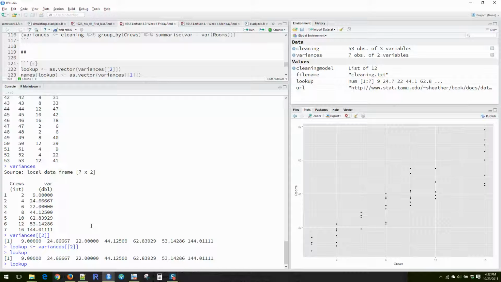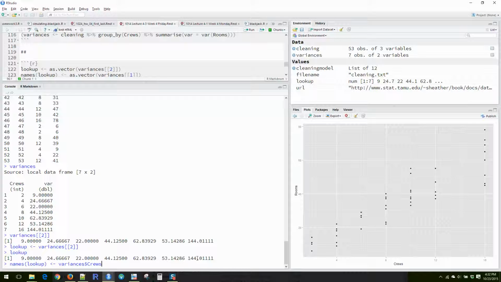So I'm going to set the names of lookup. There are 7 numbers here, and I'm going to give each of them a name, and the names I'm using will be the number of crews.